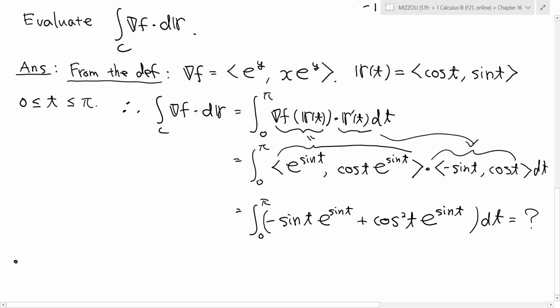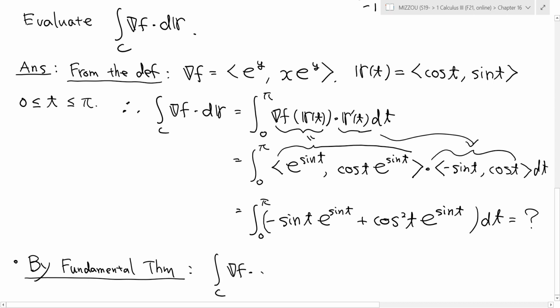Now, for this problem, we could use the fundamental theorem. By the fundamental theorem, what is this?